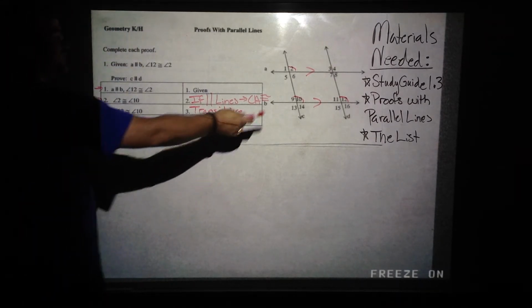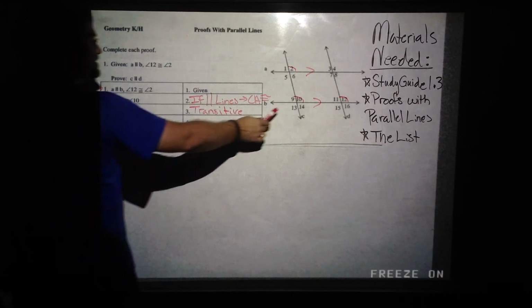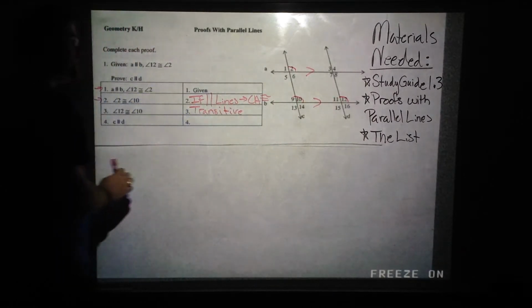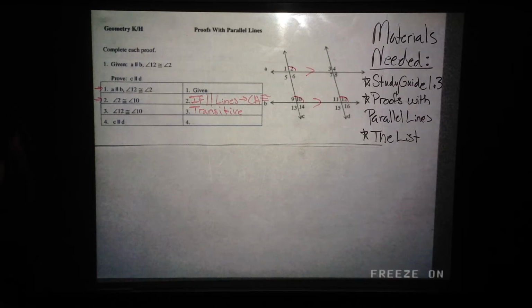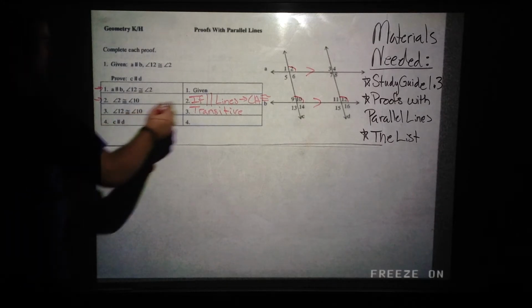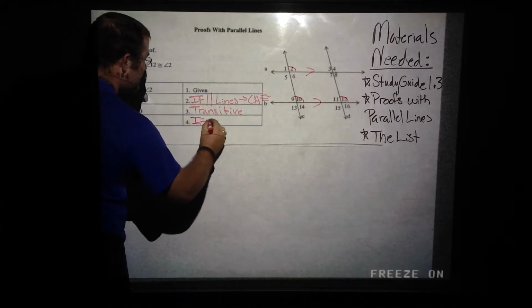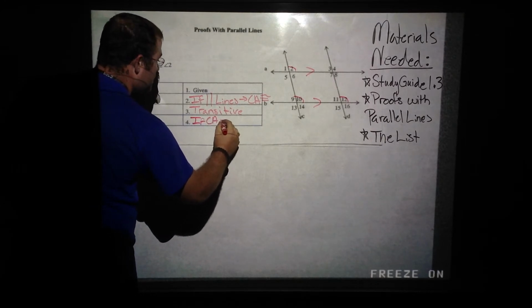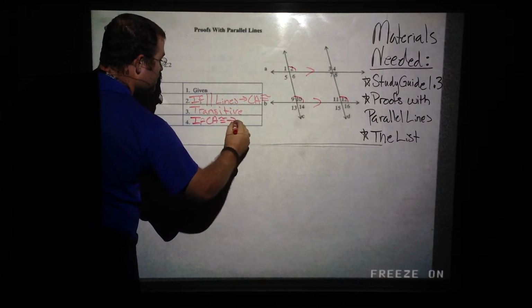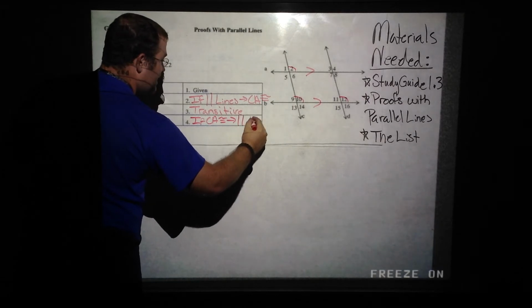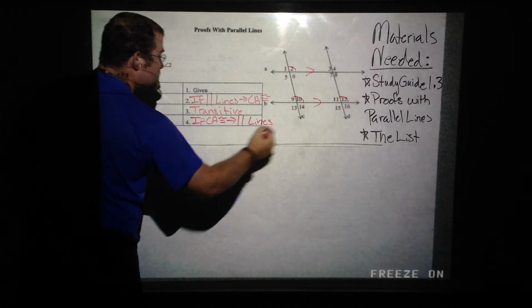So now that we've proven in our statements and on our picture that angle 12 and angle 10 are congruent to each other, we now want to prove that line C is parallel to line D. And because angle 12 and angle 10 are corresponding angles, we have: if corresponding angles are congruent, then we have parallel lines.